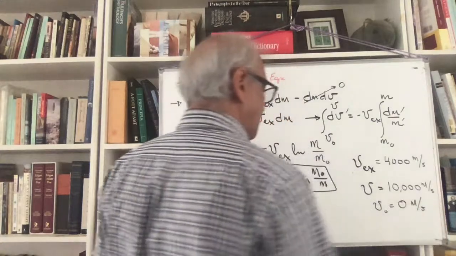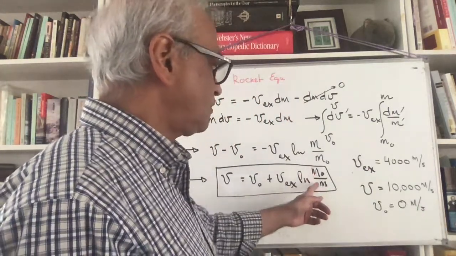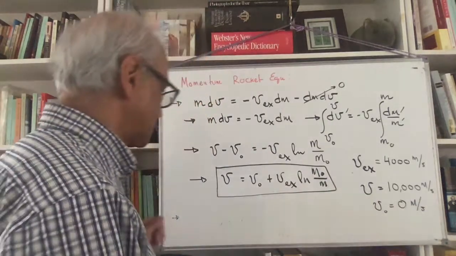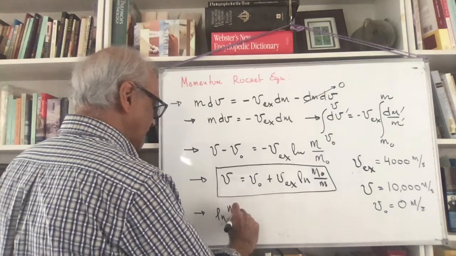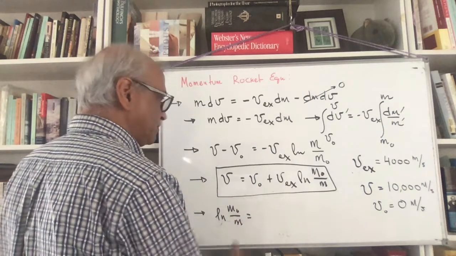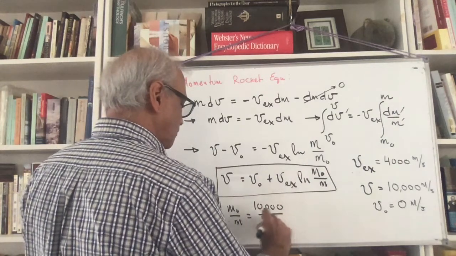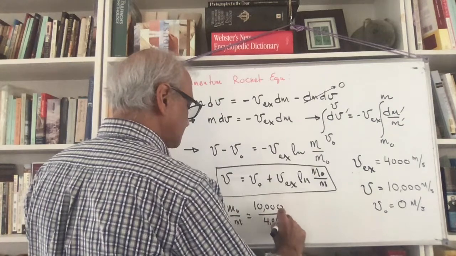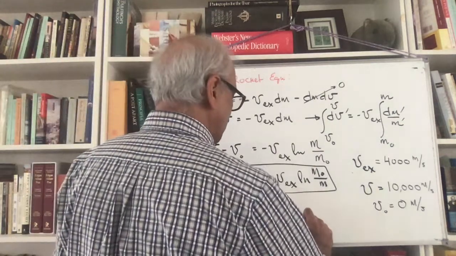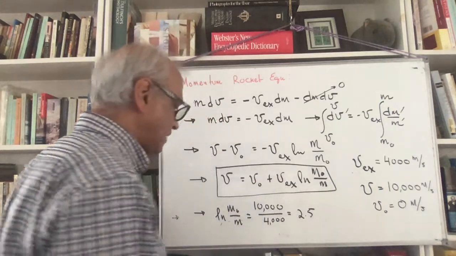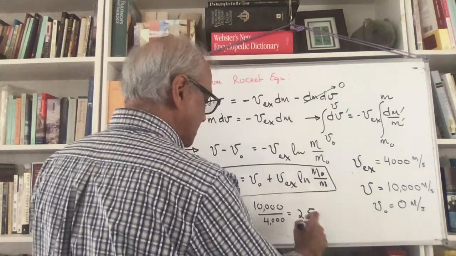It's more of an ideal scenario, but let's say, what should be my log m naught over m in that situation? You can see right away that log m naught over m will be 10,000 over 4,000. Okay, so that's 2.5. So log of x is 2.5.